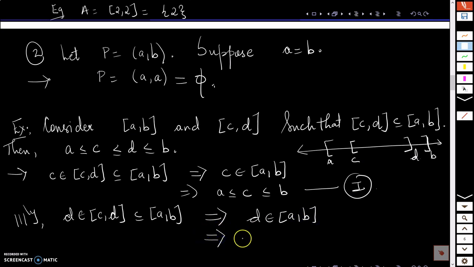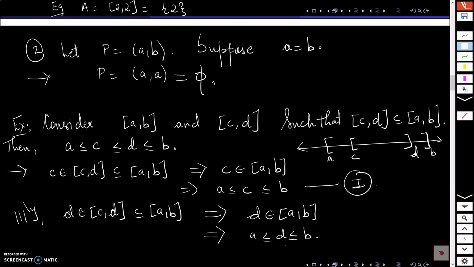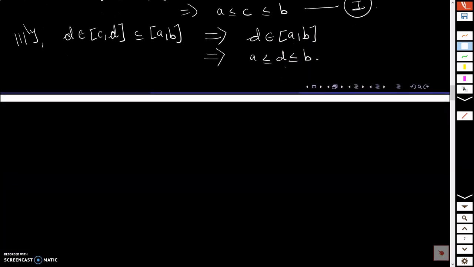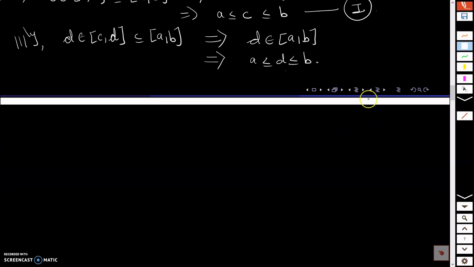And this further implies that D must be lying between A and B by the definition of this set. So if you are confused here why D is lying between A and B, go back to the definition of the closed interval and check the first slide of this video. So by definition D must be between A and B. I named the first one 1, so this is Roman numeral 2.